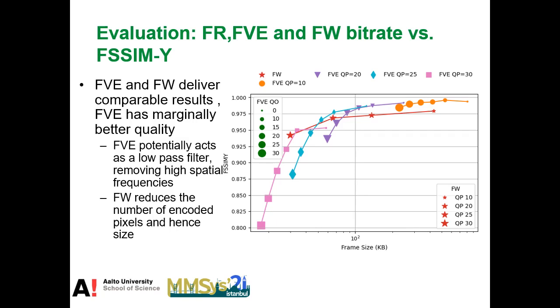Now looking at the plots, as expected, FSSIM is higher at lower QPs. But interestingly, for a particular frame size, foveated video encoding has slightly better FSSIM than foveated warping, especially when the foveated video encoding scheme is conservative with its offsets.